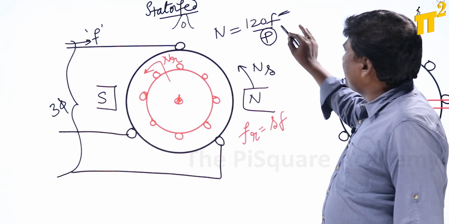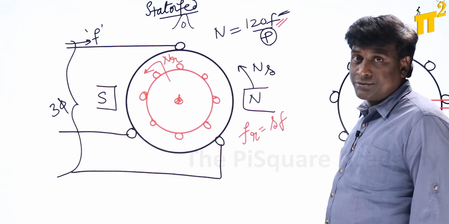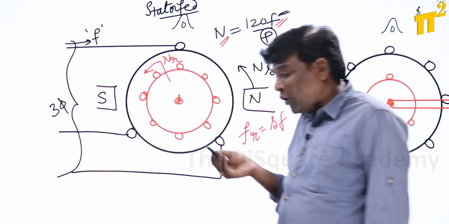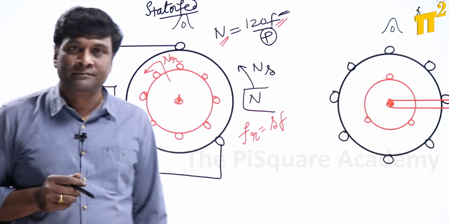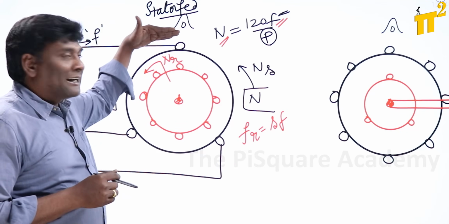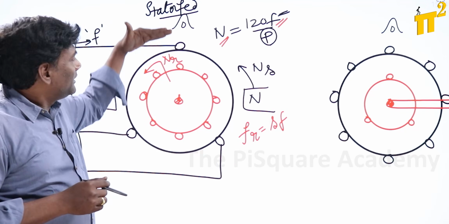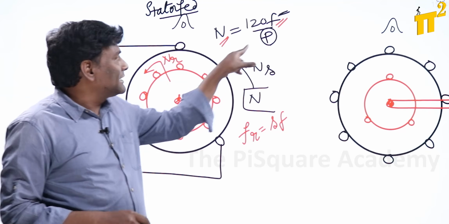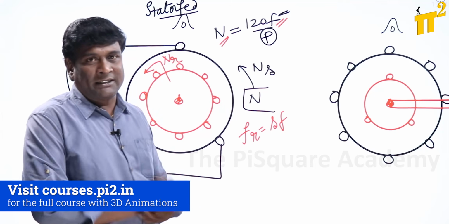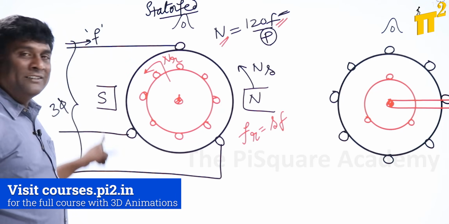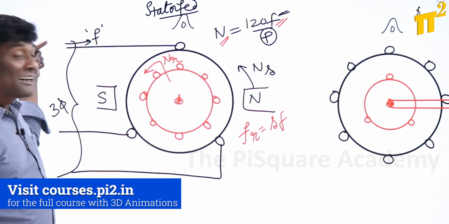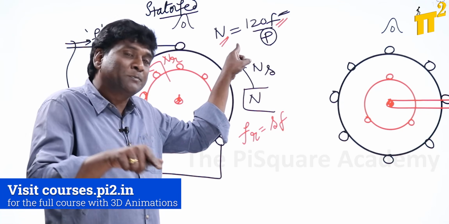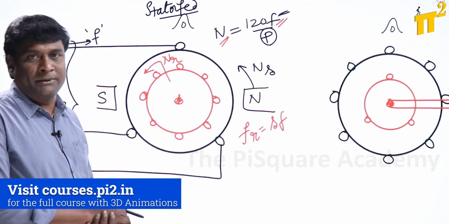Now the moment the frequency of the rotor is reduced, the speed of rotation of the rotor MMF also is going to change. Because stator number of poles and rotor number of poles will be the same. Stator frequency is constant at 50 Hz, so the stator MMF speed with respect to stator is going to be constant, that is 3000 RPM.